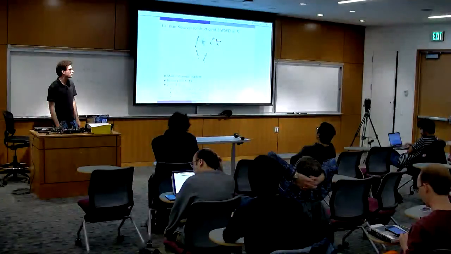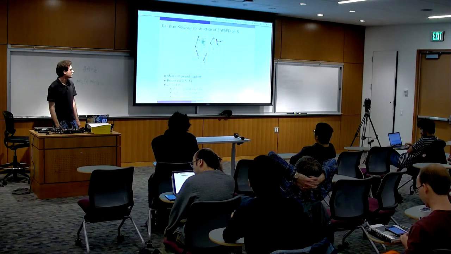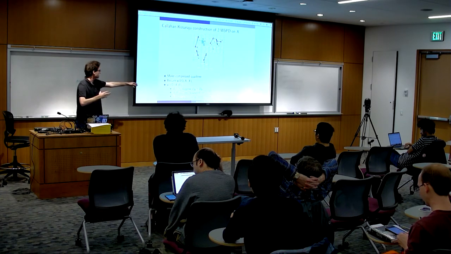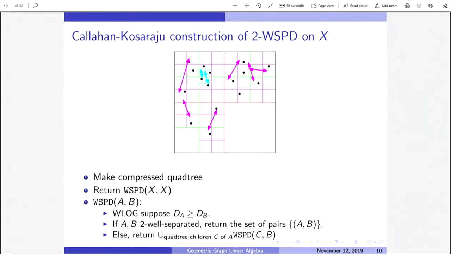How do you decide how to split a set into two parts? You split the set using the quad tree. The quad tree is a tree where each node is associated with some subset of the points in X, and it's hierarchical, so a child set is contained in the parent set.